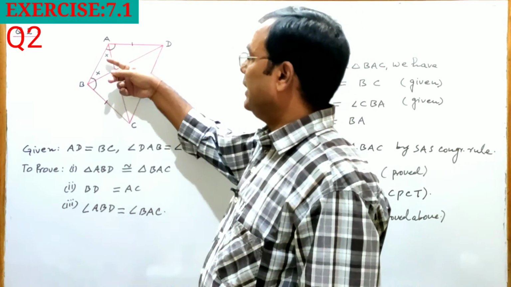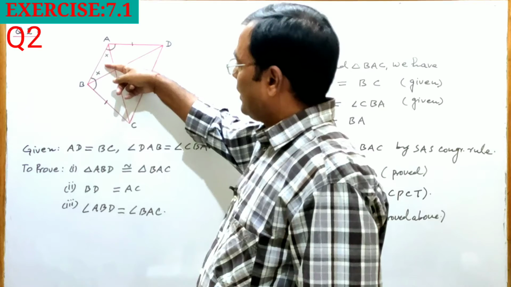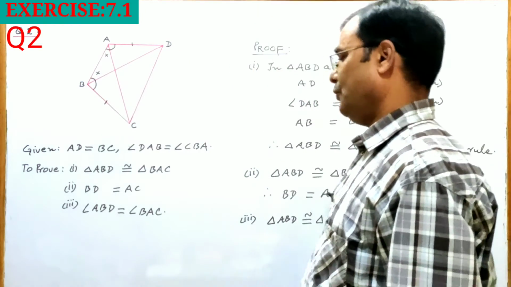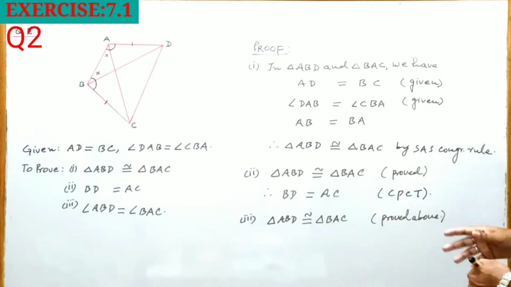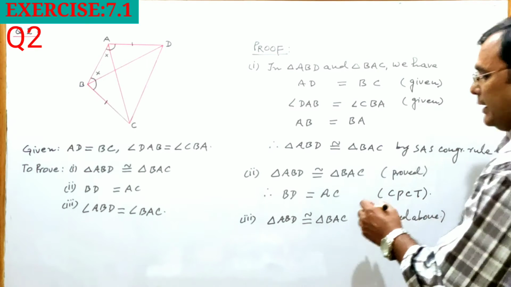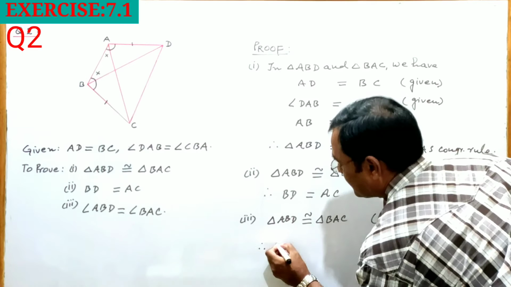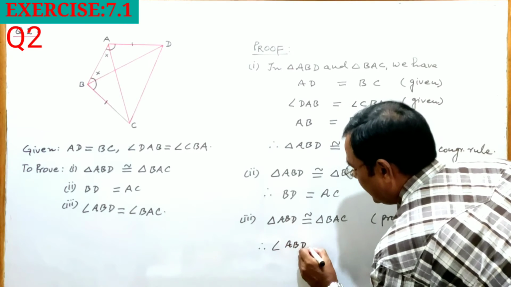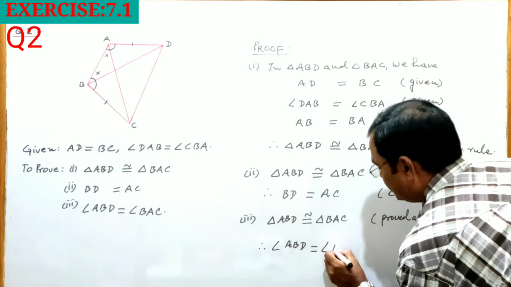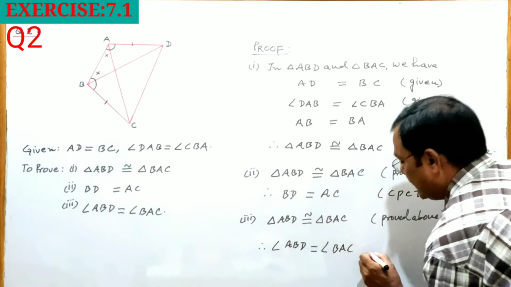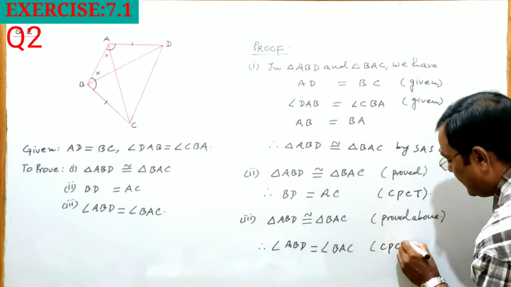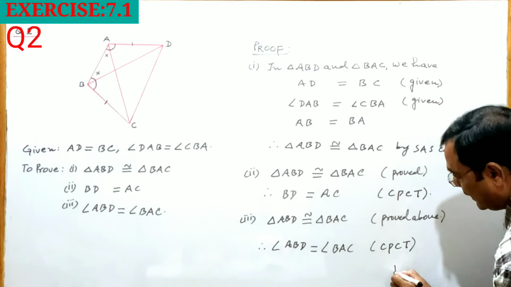So that's why angle ABD and angle BAC will be equal, being corresponding parts of congruent triangles. So therefore, angle ABD is equal to angle BAC by CPCT. Hence proved.